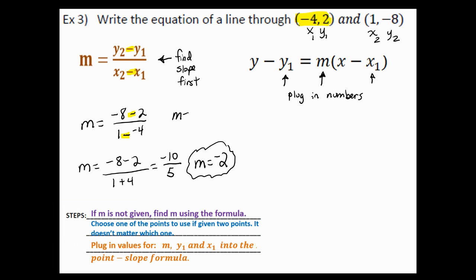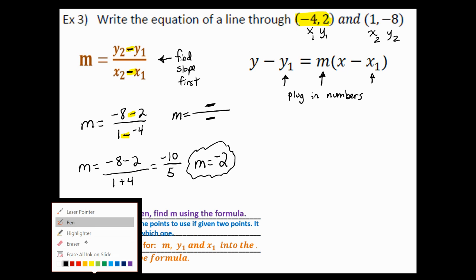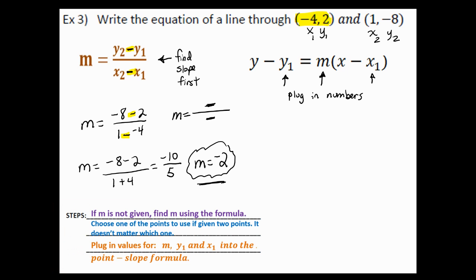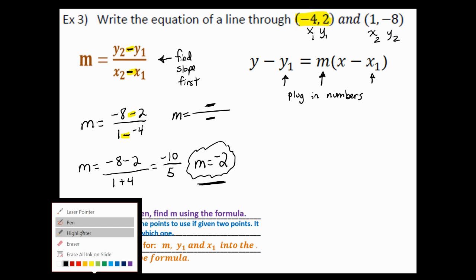When you use this slope formula, always put the subtracts from the formula in and then plug in the numbers. That's how you won't miss this. Minus 4 becomes 1 plus 4. So putting these minus signs into the formula before you use it with the numbers is often very helpful for students. If you didn't get this right slope number of negative 2, then the whole problem is wrong.